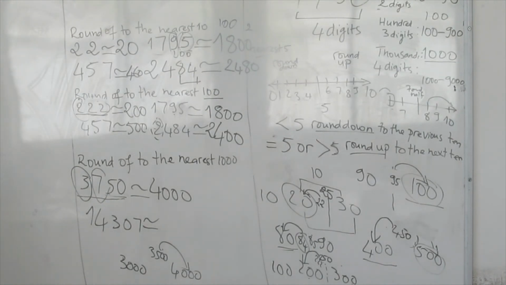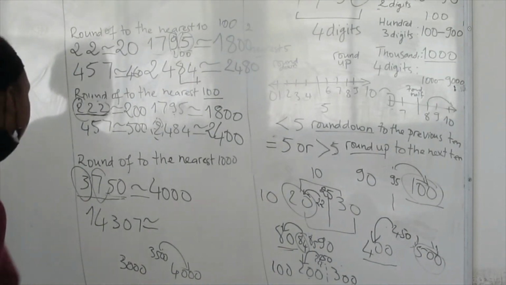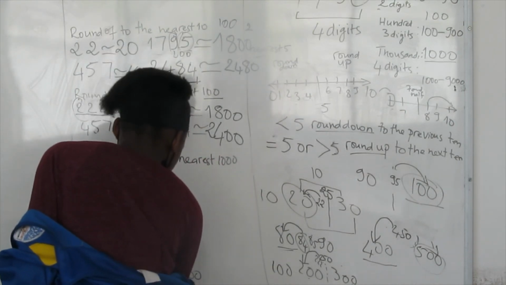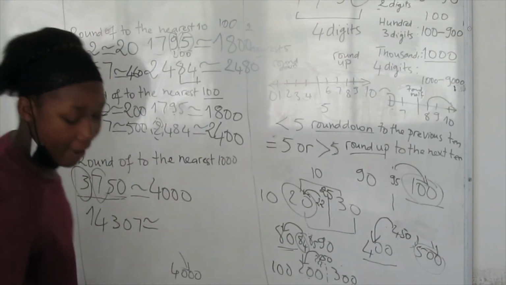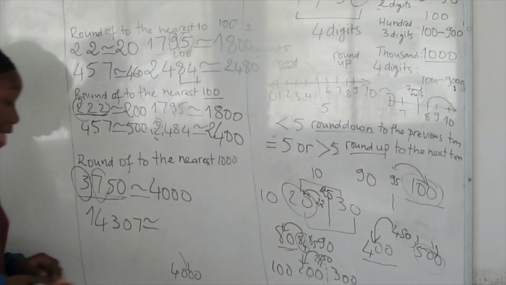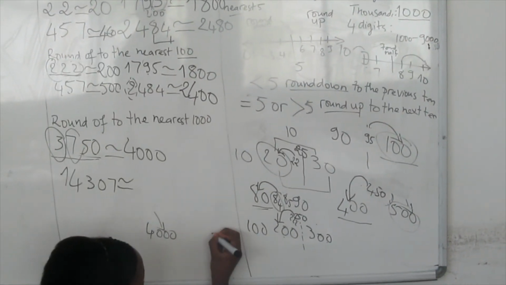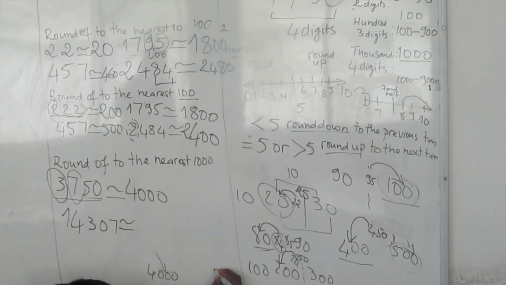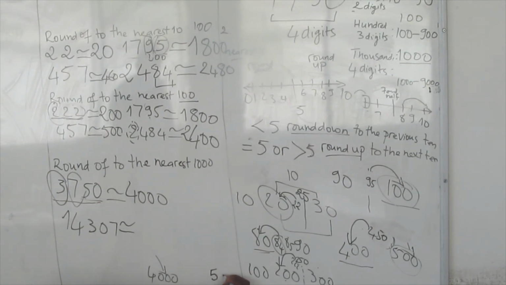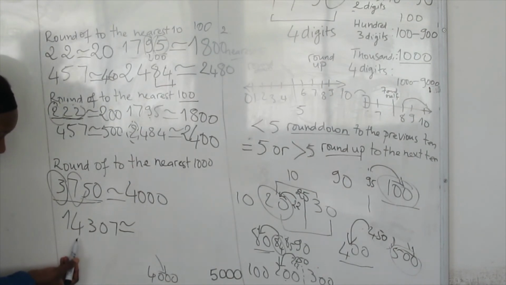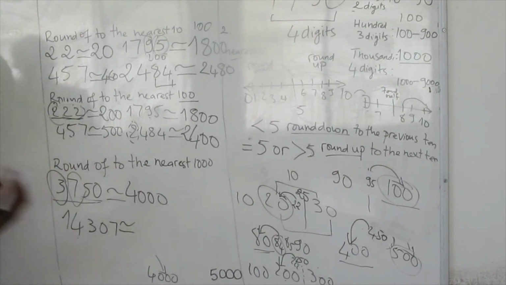Marvelous, give us. 14,307. You want to see the interval first? Look properly at the number. The number is 14,000.